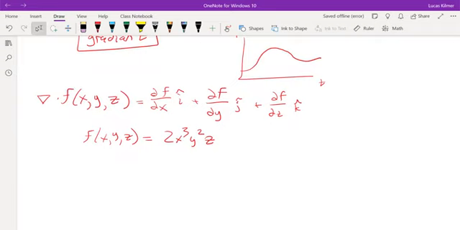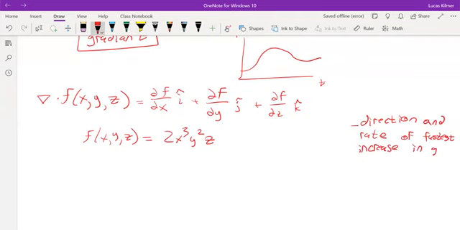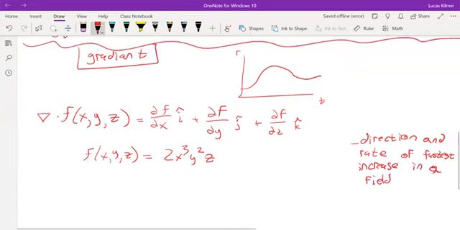So what I wanted to know, like we said, is the direction and rate of fastest increase in a field. Let's make that G look more like an A. All right, so that is the definition of finding the gradient.